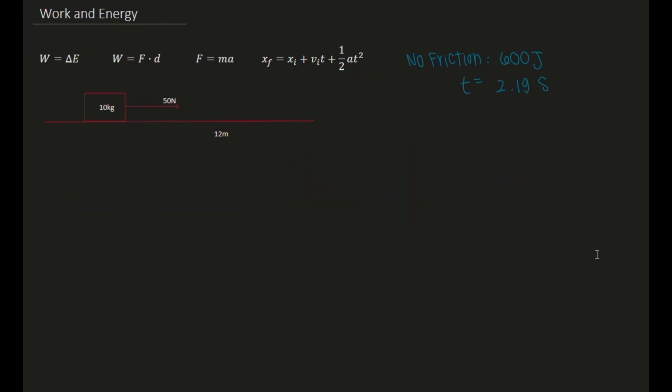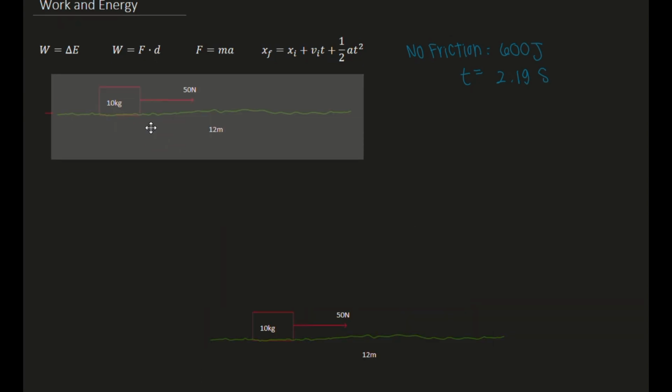So we now know that if I apply a force directly parallel to the object of motion, assuming an environment where there is no friction, it's going to require 600 joules of work, and it's going to take 2.19 seconds to reach the end of the 12 meters.